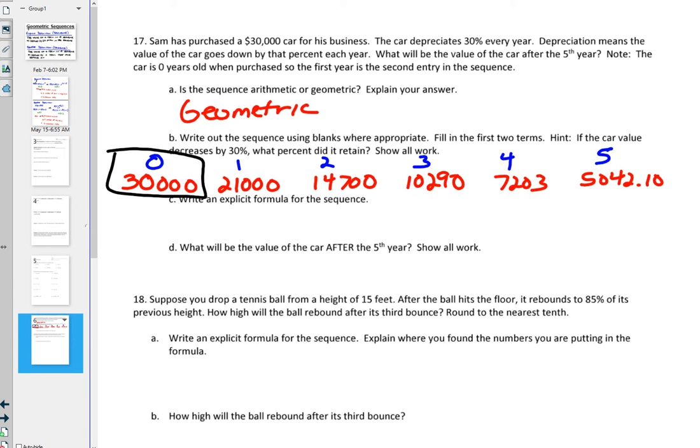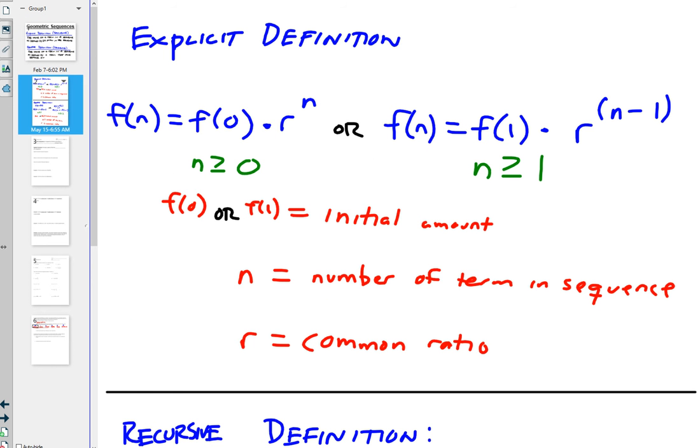Normally when we have these sequences, the first number you see counts as the first number, but here, since the entry depends on years, the entry that falls under 1 is after a year has passed. So if you go back to when I gave you these formulas, the one on the right is the one you're most of the time going to use, because this is when the first number you see counts as the first entry.